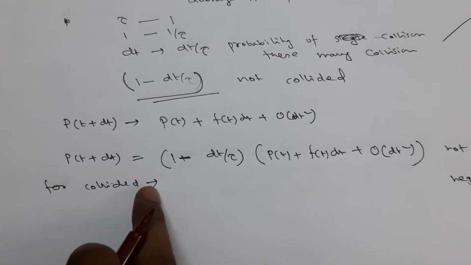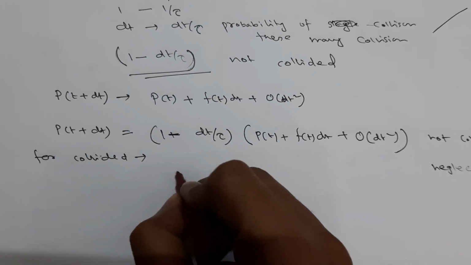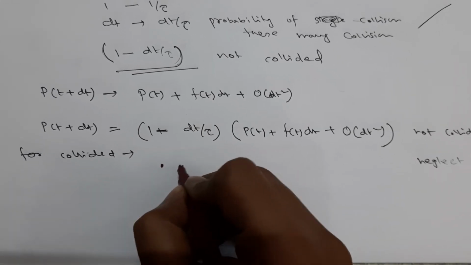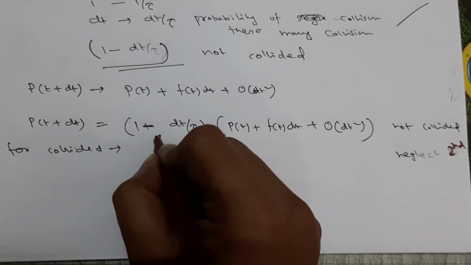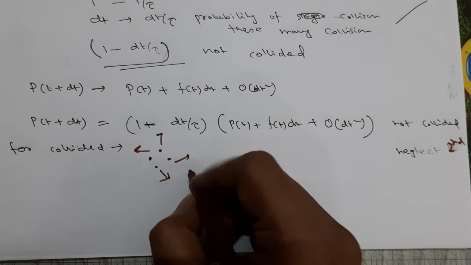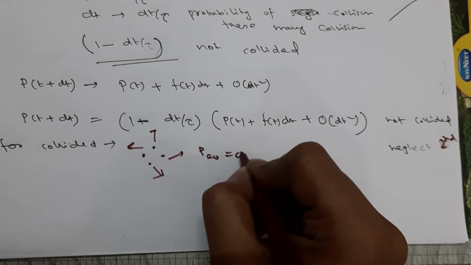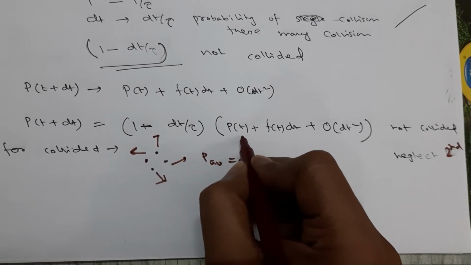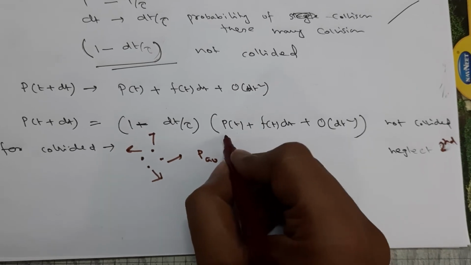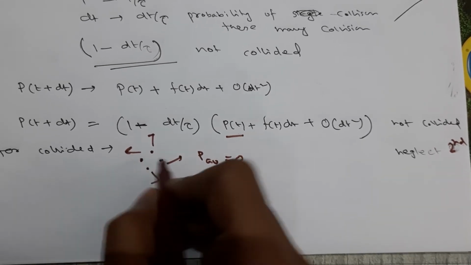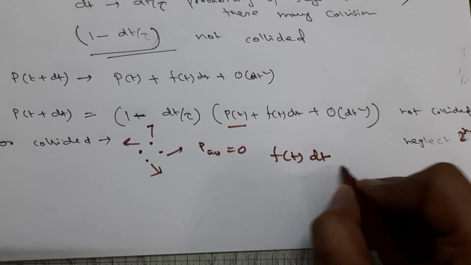For the electrons that have collided, we know that after collision, electrons coming from each direction will usually go out in various directions, and their average velocity is generally zero. So this p average is generally zero. So this term will not contribute for the collided electrons. Only this other term will contribute.